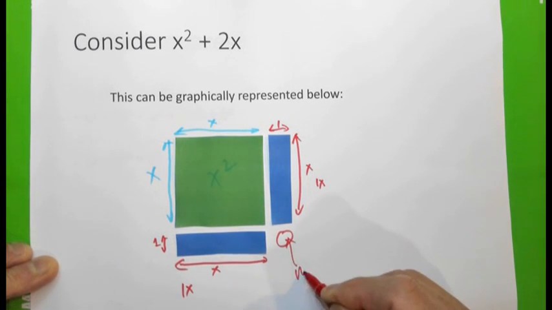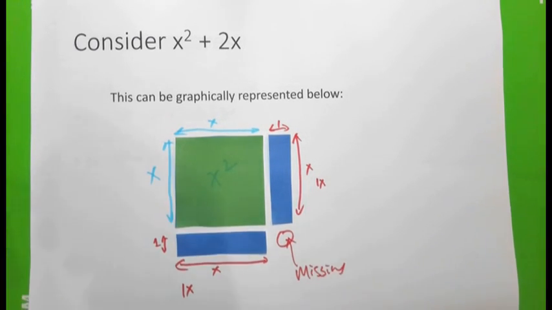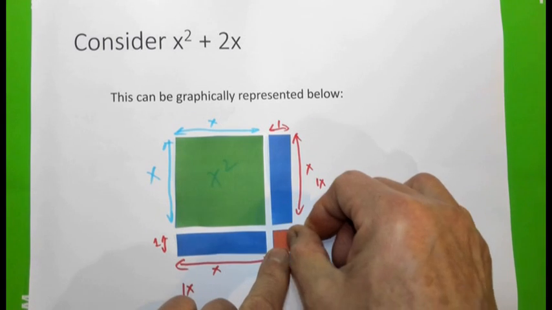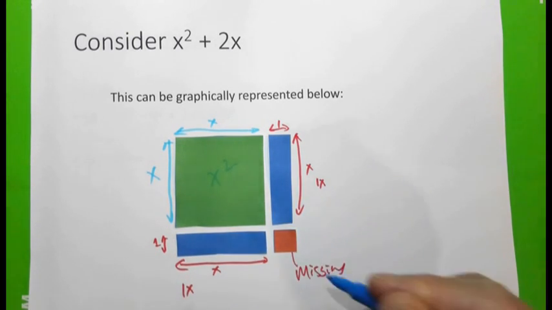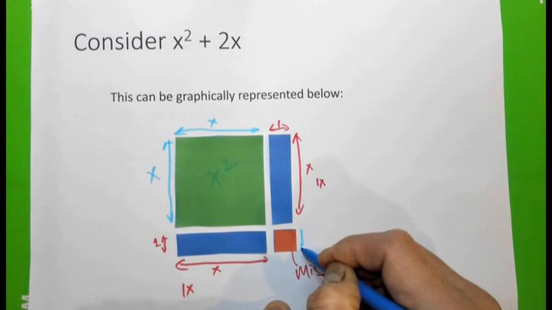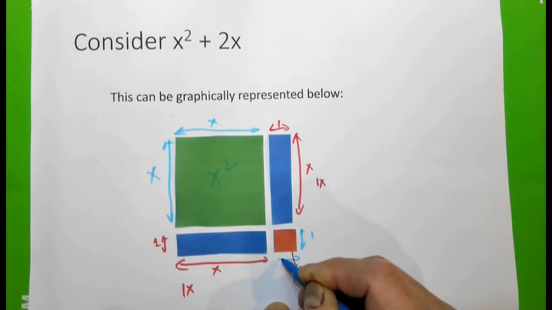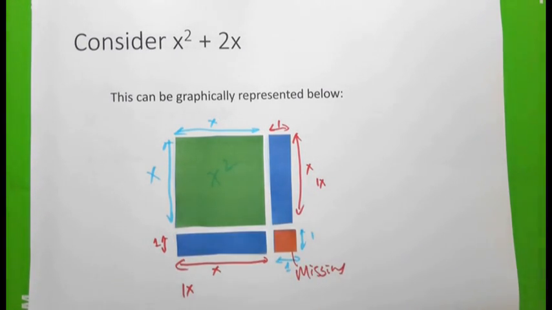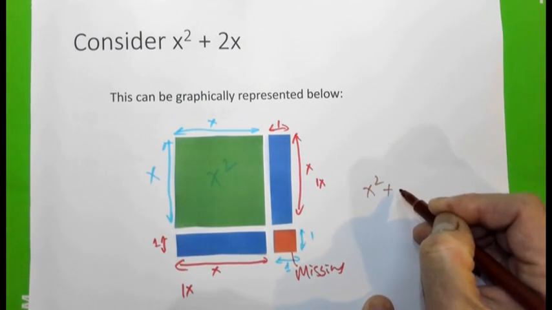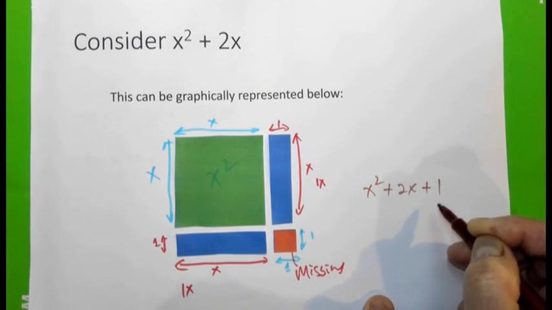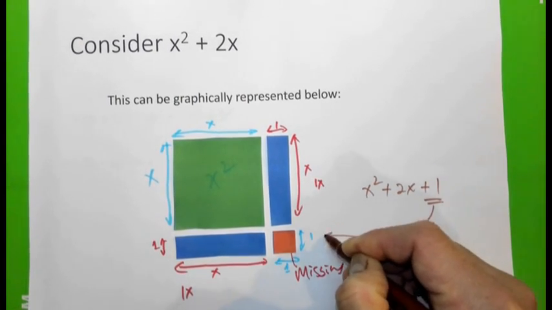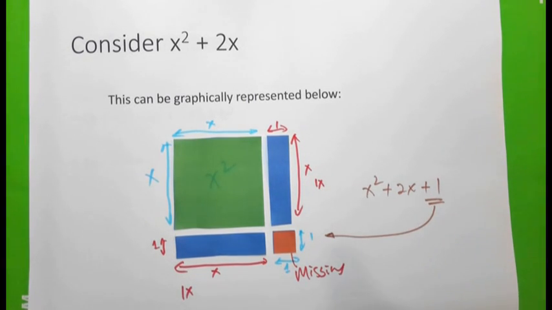Correct? In order to complete the square, what we do is we add in a little red square here. You can see that the measurement is 1 and 1. Therefore, we can complete this expression by adding 1, which is x squared plus 2x plus 1. So that is actually completing the square.